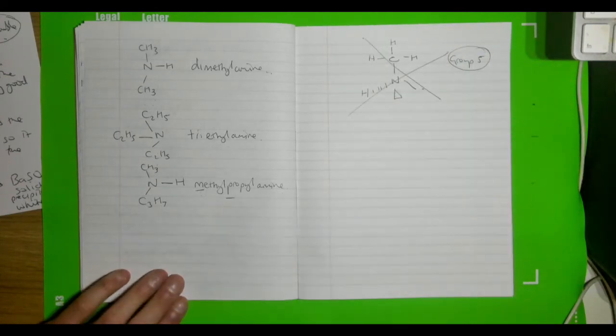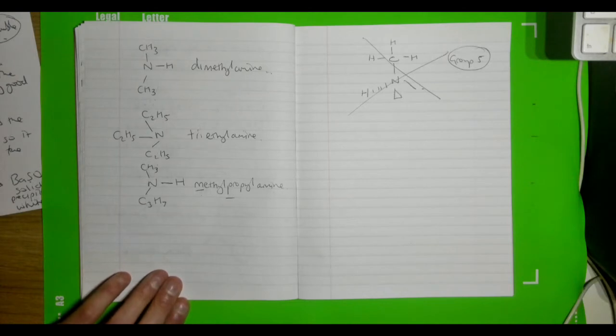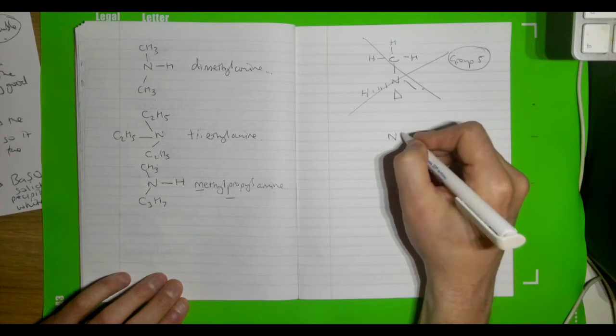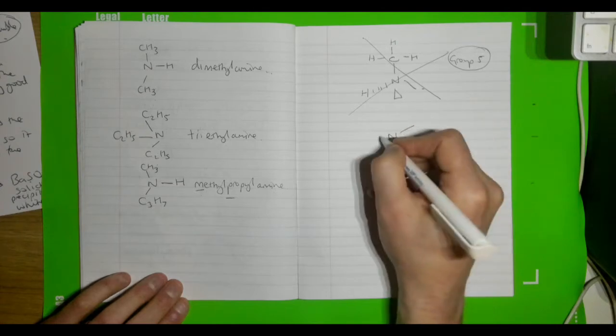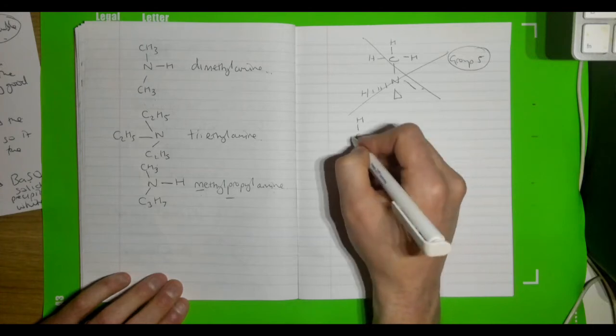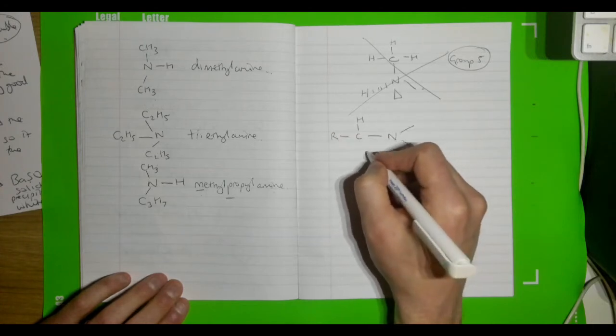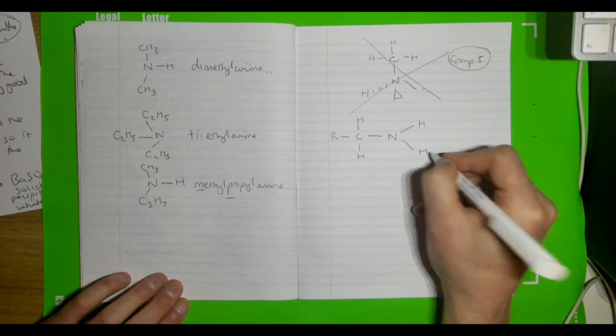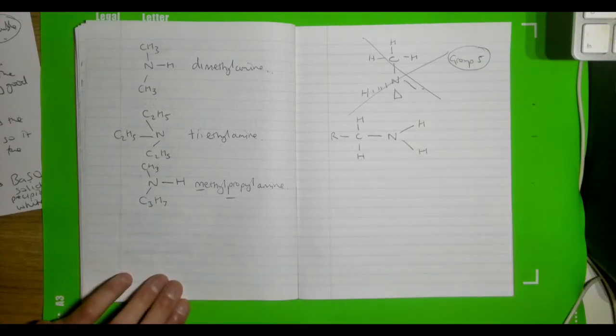So an amine, the nitrogen on the amine must only have 3 bonds to it. So it's 1, 2, 3. We'll just draw this flat. This is the sort of general structure of an amine.